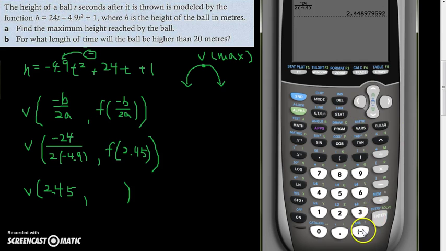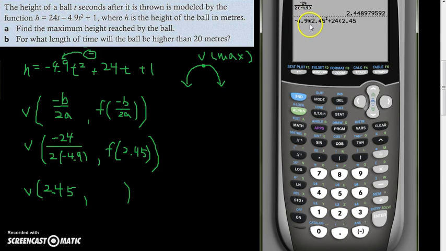So I'll use negative 4.9 multiplied by 2.45 squared, plus 24 times 2.45.